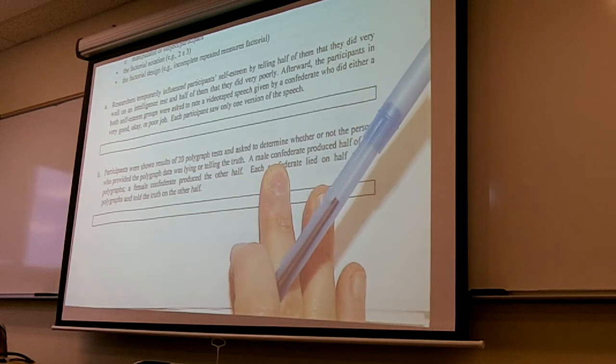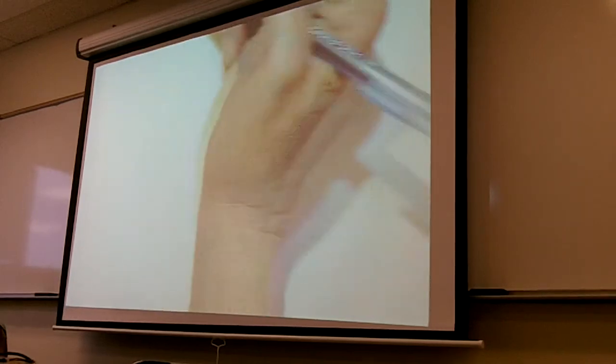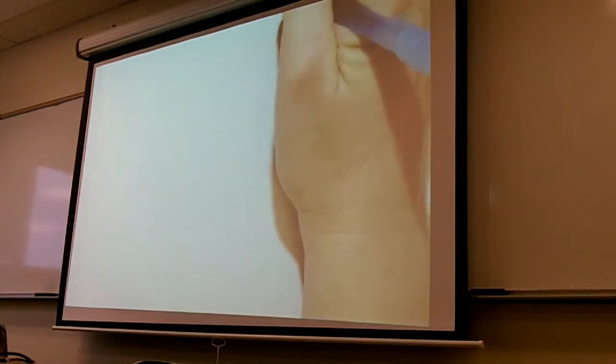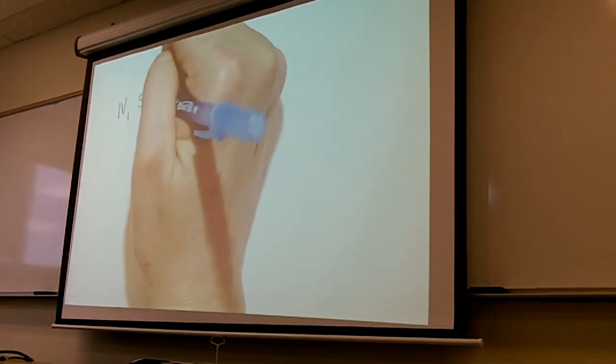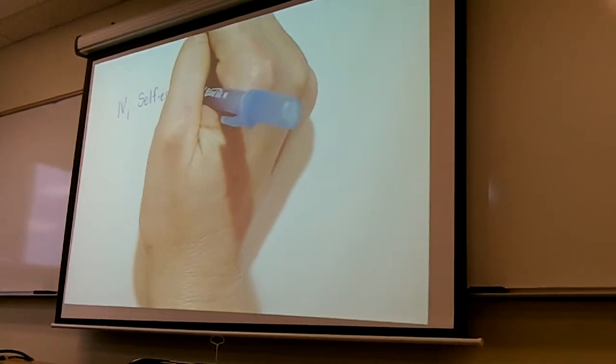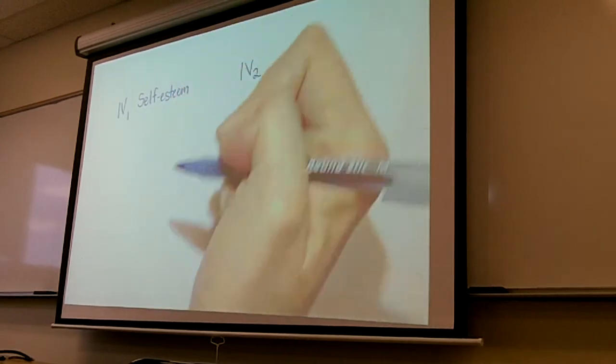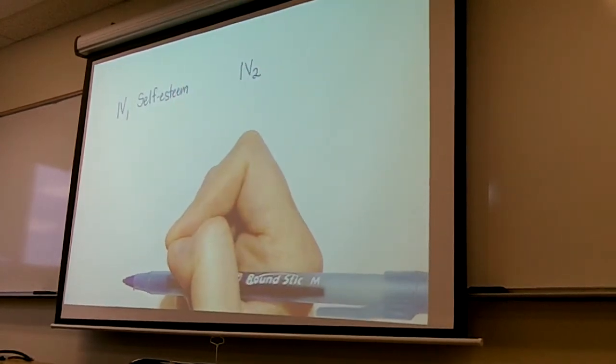Okay? So, what do we know about what are the independent variables here? I need 2 independent variables. Self-esteem, okay. Good. And what are the levels of self-esteem?